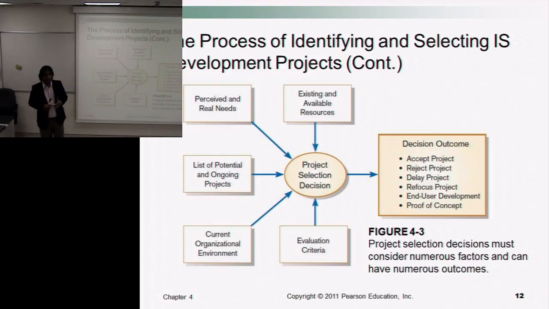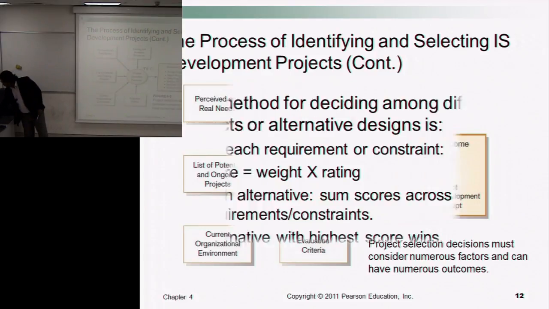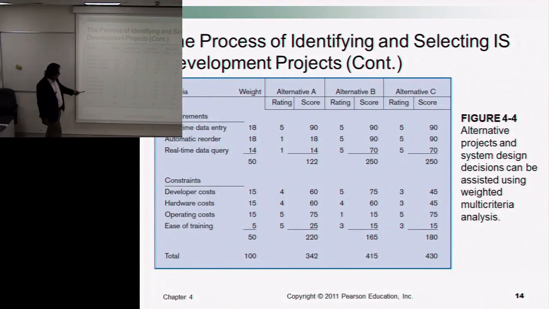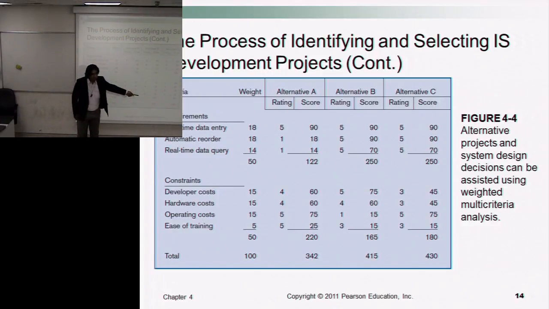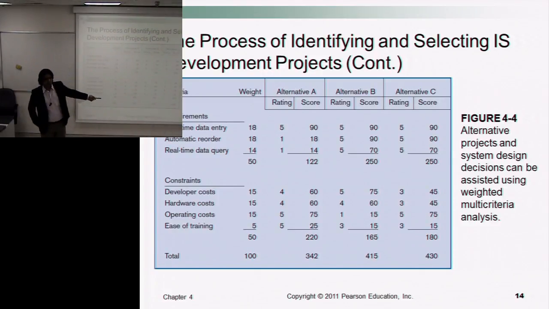But again, this selection is not that straightforward, that having a high number, let's select the highest project. No, it again depends on certain parameters, and this decision may be influenced by the available resources. For instance, we have seen in these calculations that option C with a total score of 430 was the best possible option.